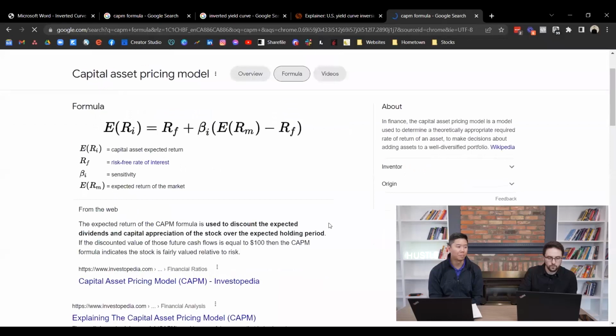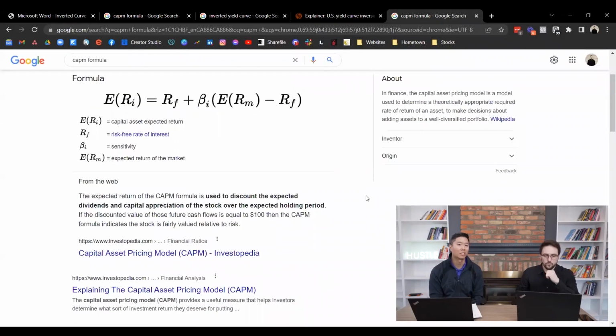Okay, so I'm going to get a little bit textbook on folks. The Capital Asset Pricing Model, CAPM, is a formula very commonly used for pricing a stock. And one of the inputs to the CAPM is what's called the risk-free rate. This would generally be what's considered risk-free, government bonds. You and I can argue how risk-free they are, but for a textbook conversation, government bonds are considered risk-free.